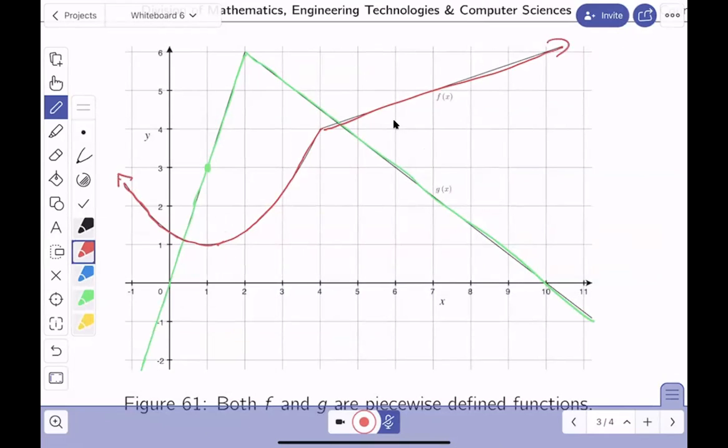Like this. Wow, this looks like a tough one, doesn't it? All right. Let me draw my tangent line in there for you.